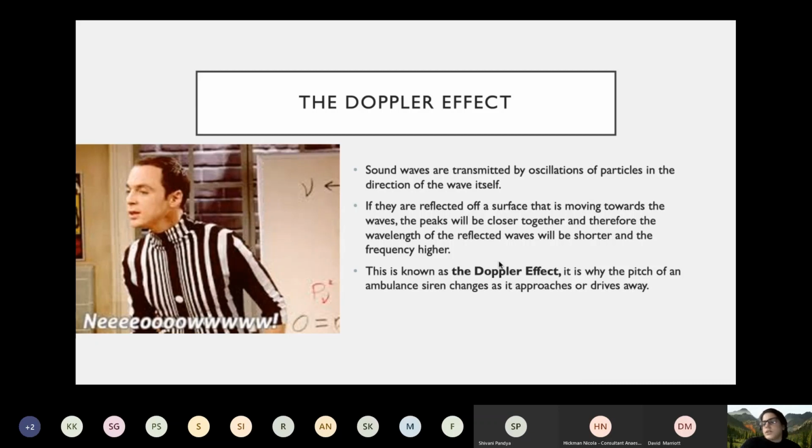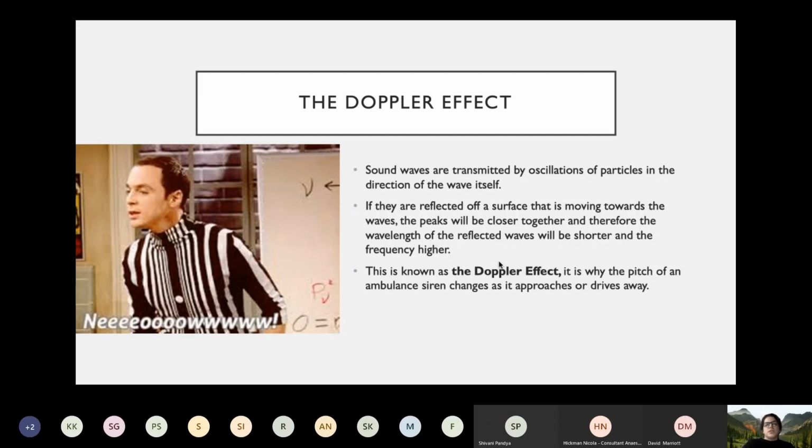The Doppler effect, so that's another requirement for the curriculum. You can best explain it like when you're standing on a street and you can hear an ambulance, and the sound of the ambulance siren changes depending on where the ambulance is.